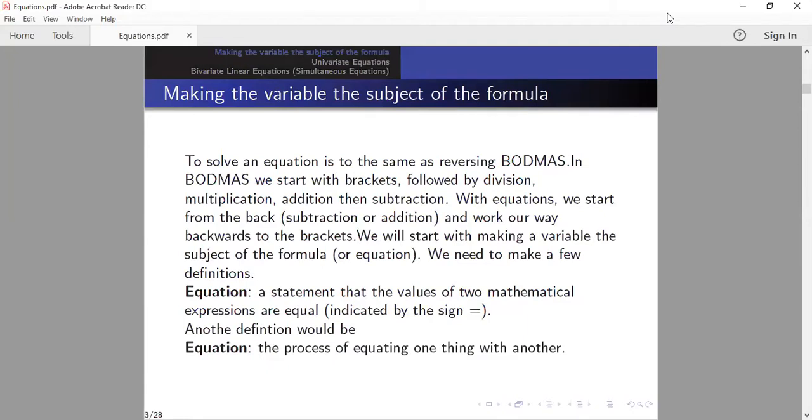Another definition, which basically summarizes what we've written above, would be the process of equating one thing with the other. Now, what does this mean?